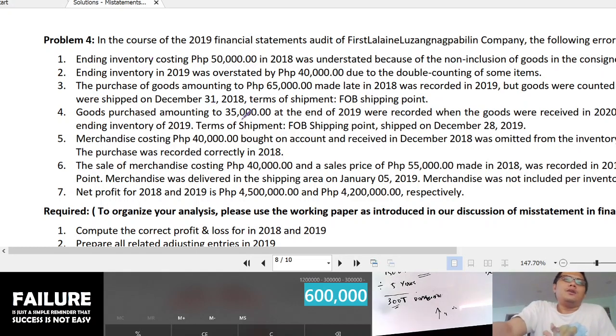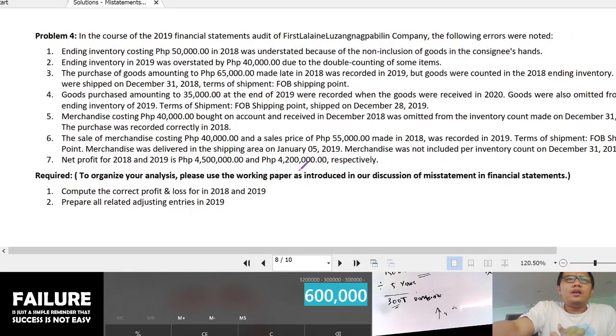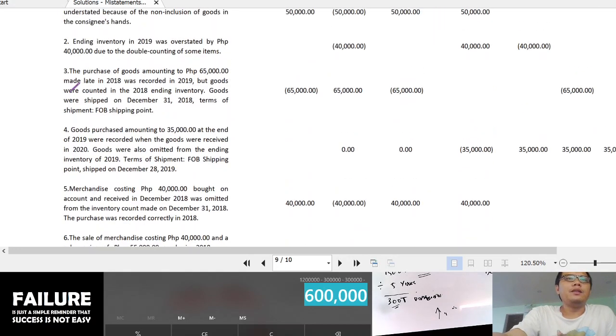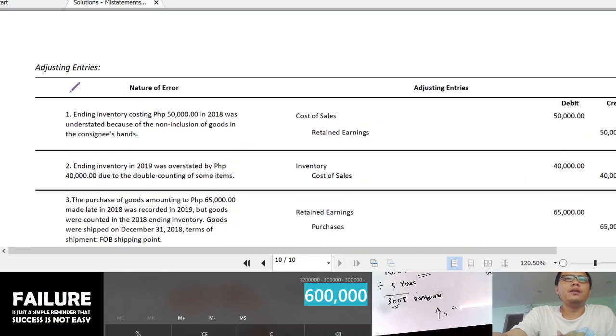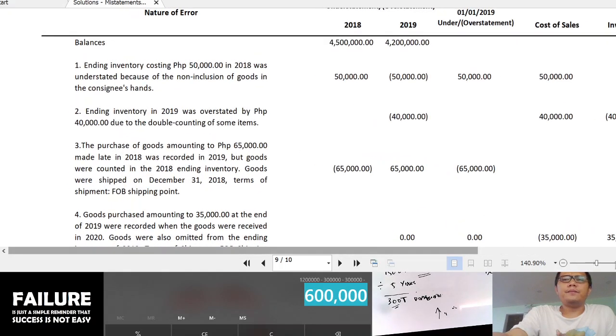Ito. So, 2019 audit tayo. Okay? Then, these are the errors na na-note natin. We have 6 errors. Okay. So, dumiretso na tayo sa working paper natin.